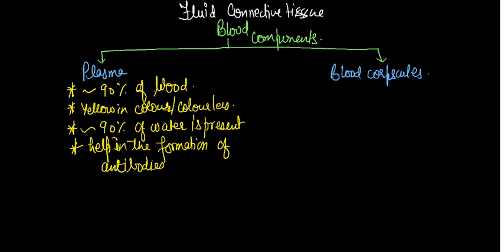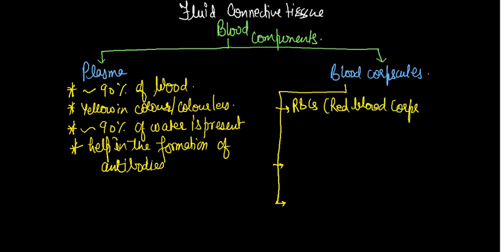Blood corpuscles are of three types. The first one is RBCs, that is red blood corpuscles, also called erythrocytes. The name you have to learn.